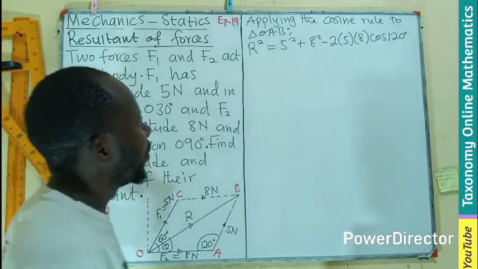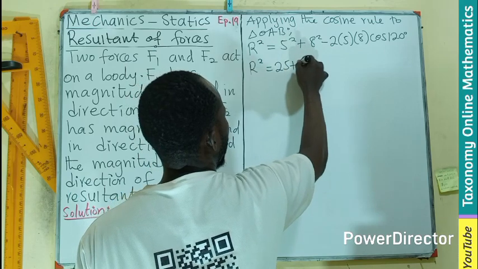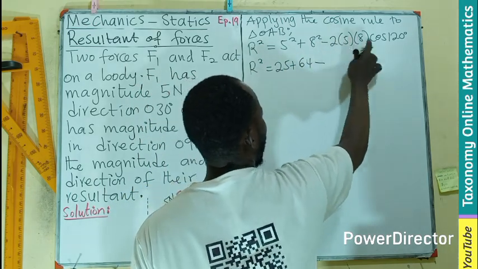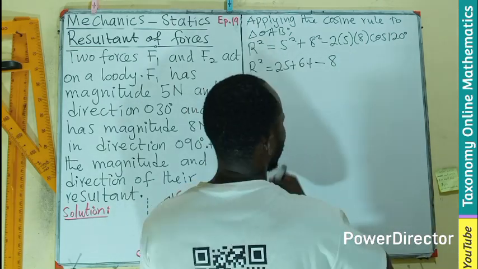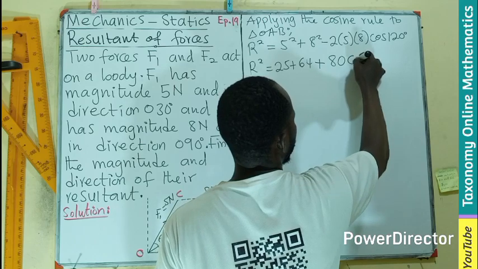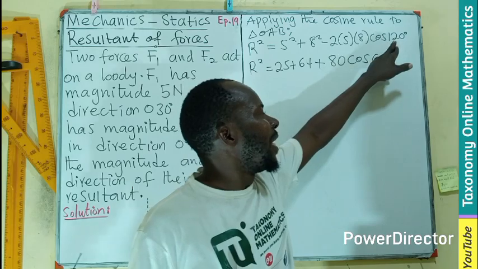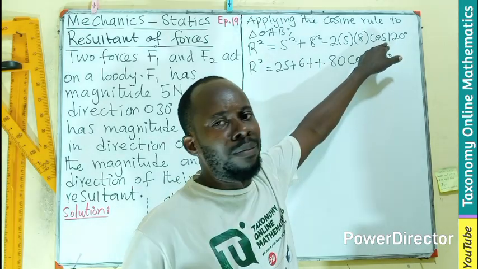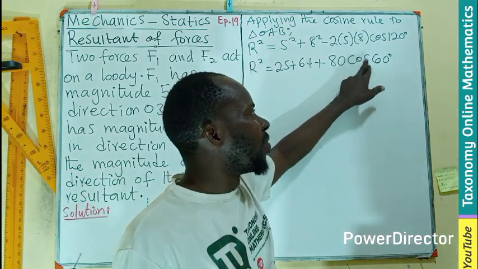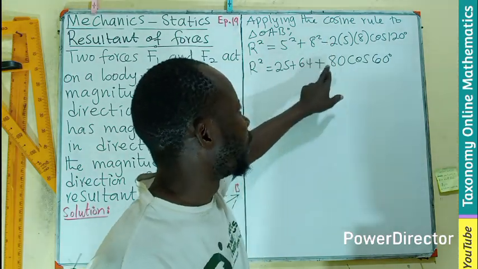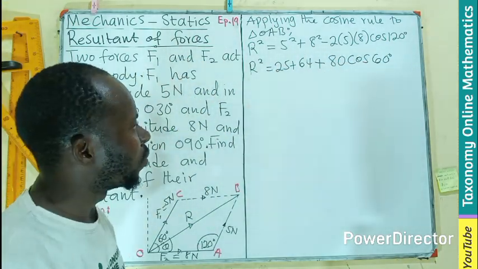So this is 25 plus 64 minus 80 cos 120. We mentioned that this angle is actually 180 minus 60, and as a compound angle, you get cos of negative 60. We need to cancel this to make it positive, so it becomes plus 80 cos 60 degrees. You can feel free to use 120 directly in the calculation. That will also not be wrong.